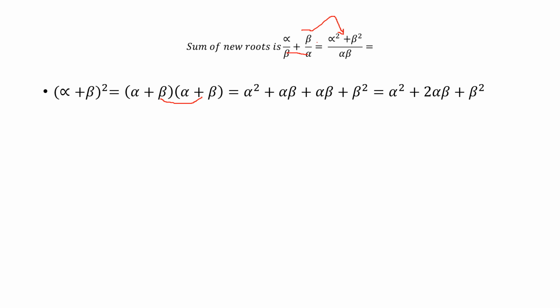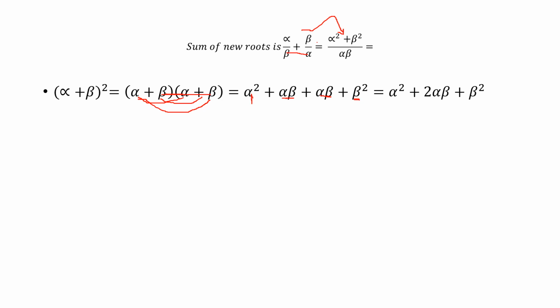So let me expand here. Alpha times alpha gives us alpha squared, right? The next one, alpha multiplied by beta, that will be alpha beta. Beta multiplied by alpha is also alpha beta. And beta multiplied by beta will be beta squared.